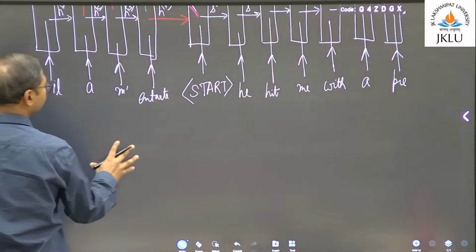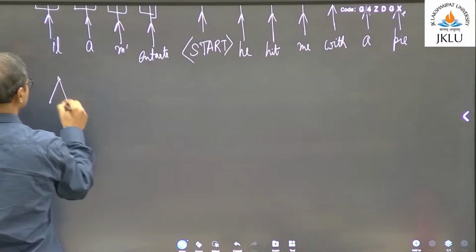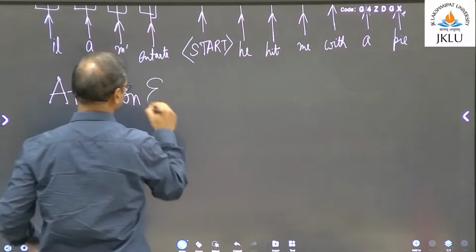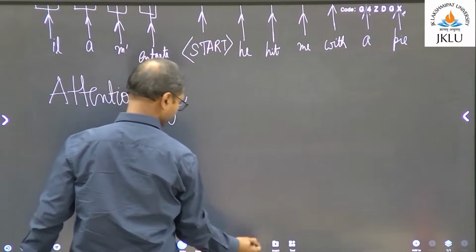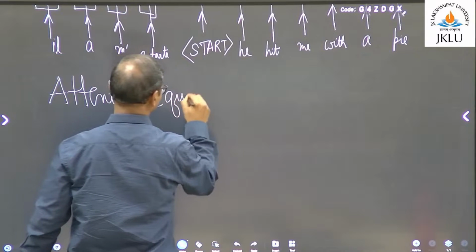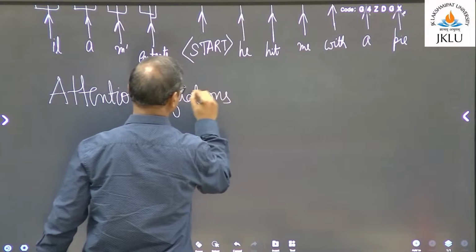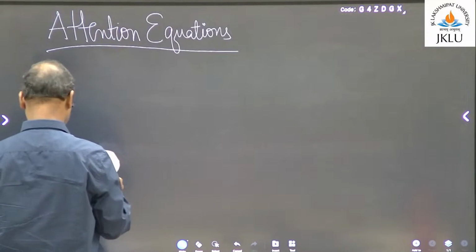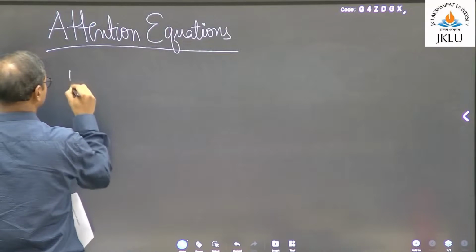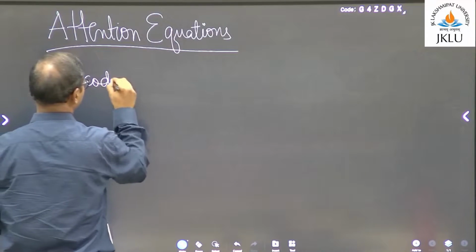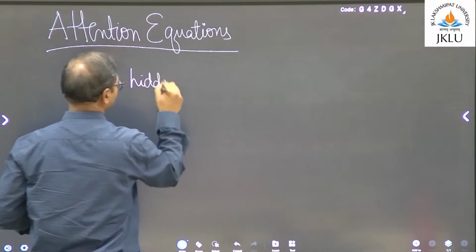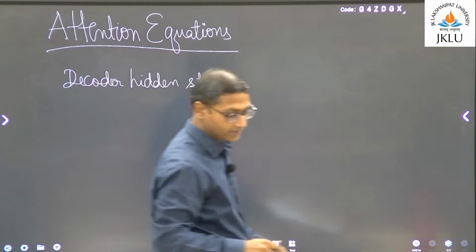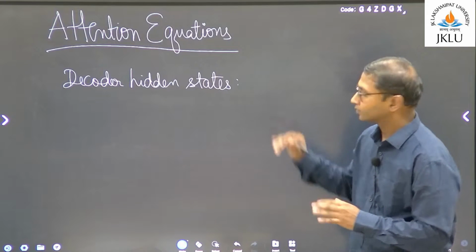So what are the decoder hidden states for us?